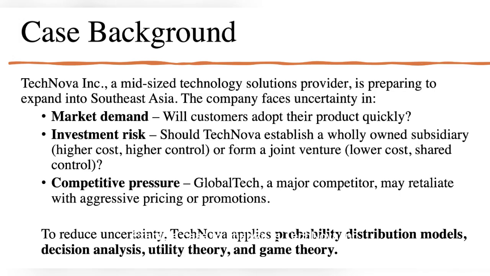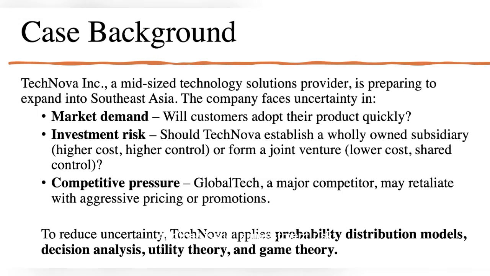Example case to analyze is Technova Inc., a mid-sized technology solutions provider. It is preparing to expand into Southeast Asia but faces several uncertainties that could affect its success. One key concern is market demand, whether customers in the region will adopt their product quickly or slowly.